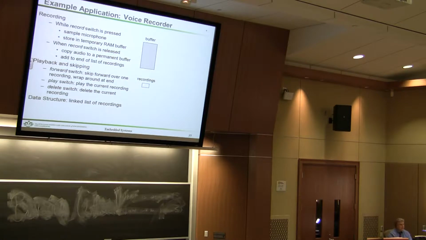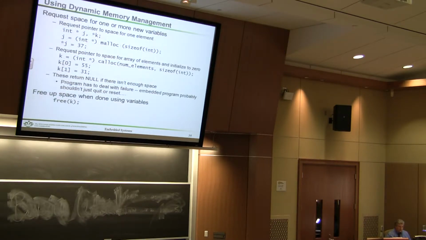As a recap, this is the application of a voice recorder. If you remember correctly, we were looking at linked lists, and maybe I should go up a little bit earlier and say if we're dynamically allocating memory, we're going to need to identify some space.